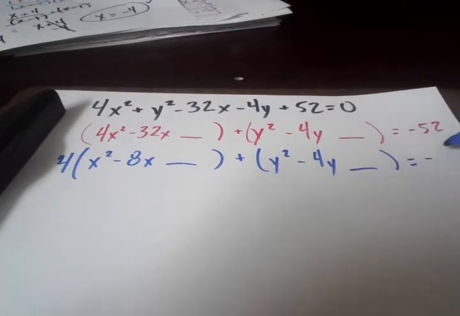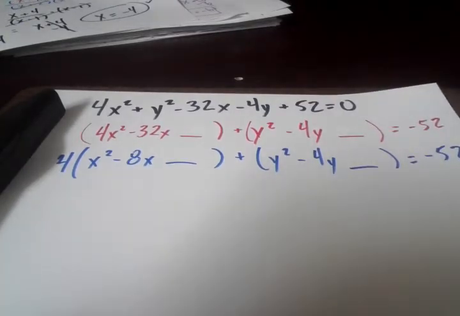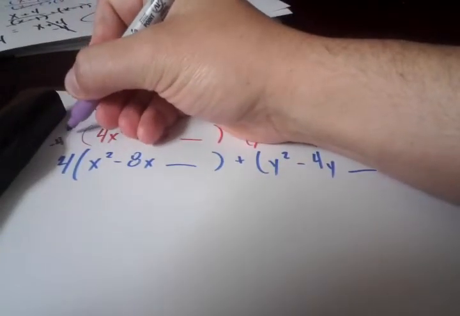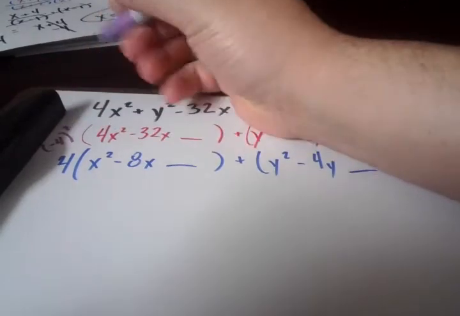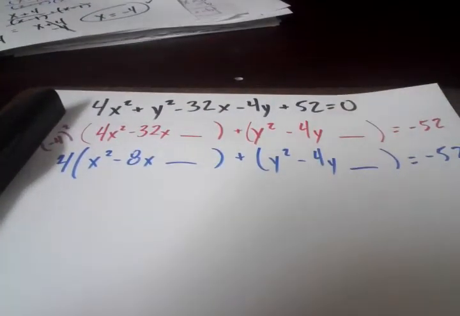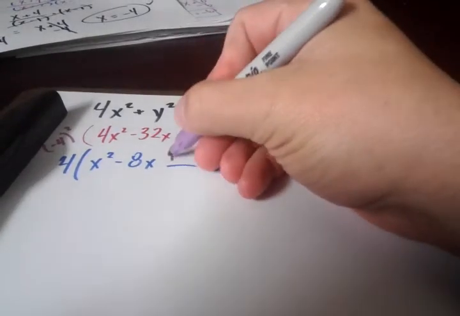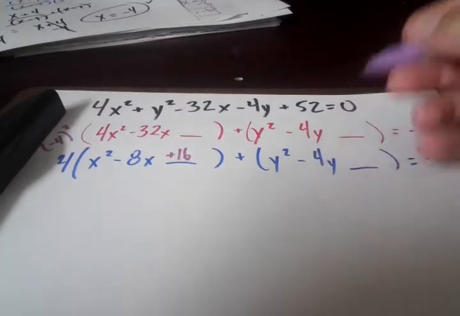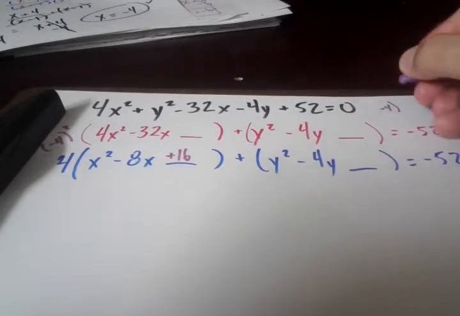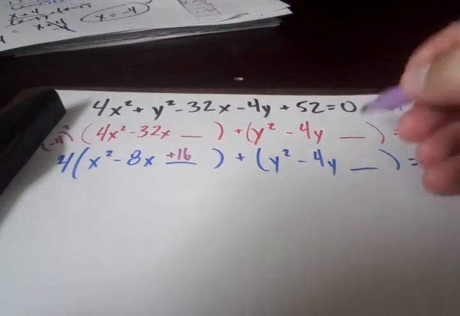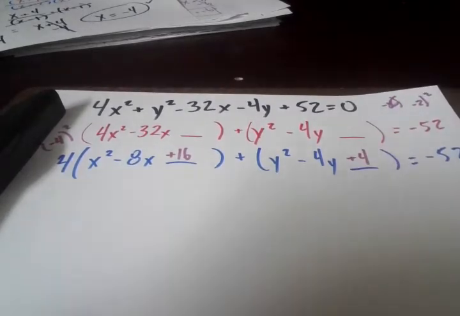So here we go. Okay, remember, complete the square. We take the b value, which is negative 8, and we halve it, which is negative 4, and then we square it, which is 16, right? So I'm going to add 16 here. And then over here, we have a negative 4. So we halve that to get a negative 2, and we square that to get 4.